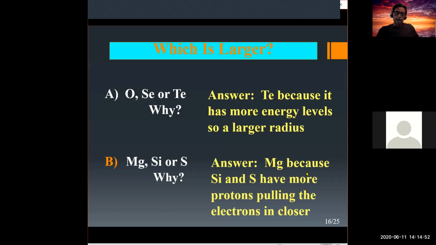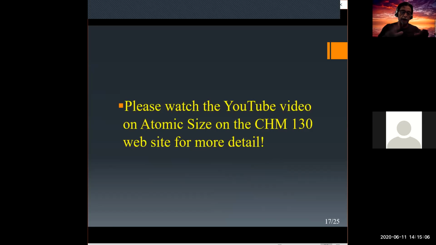But the question was larger, so obviously magnesium is the larger one. Sulfur is smaller, again, because the protons and electrons are pulling each other closer in. Now, there are some videos about atomic size on the website, so make sure you watch them.